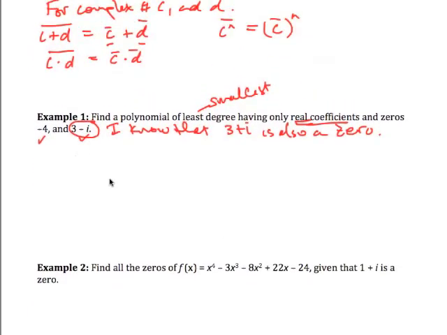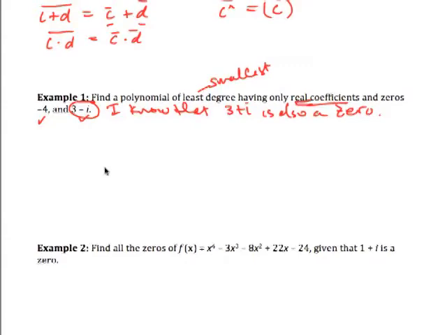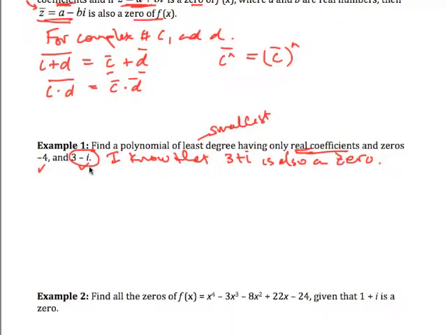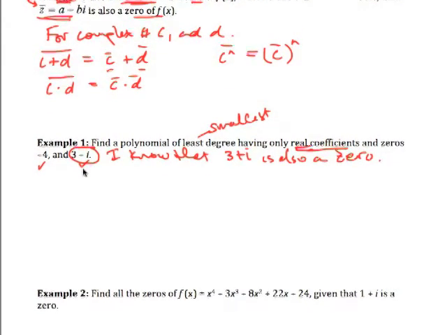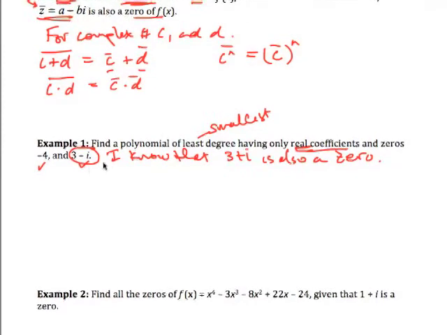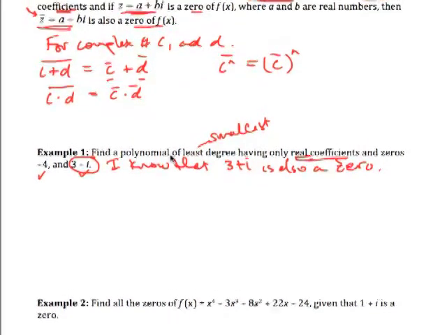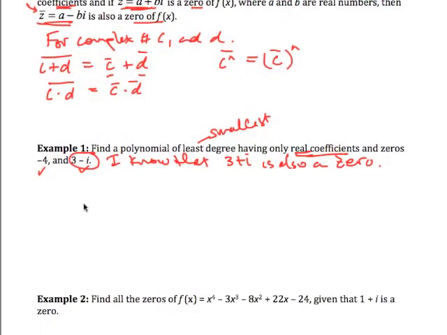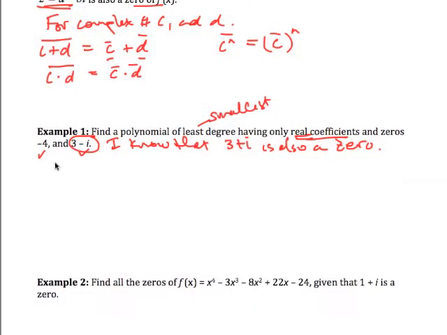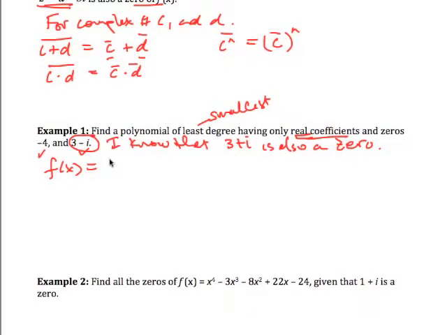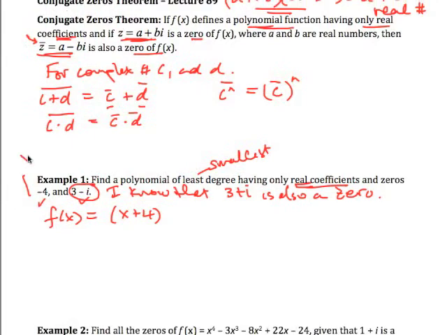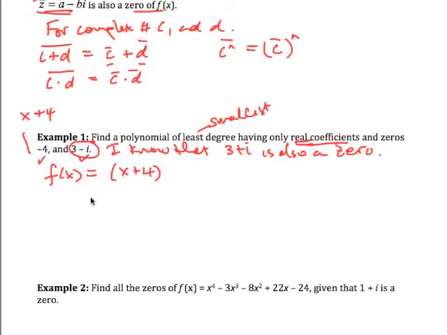So I really have 3 zeros, and notice that I can only have a maximum of degree n because of our number of zeros theorem. So I want a polynomial, there might be several, but a polynomial of least degree with this would have the form f of x equals, of course, x plus 4, because this is our factor here, x plus 4, if -4 is a zero.